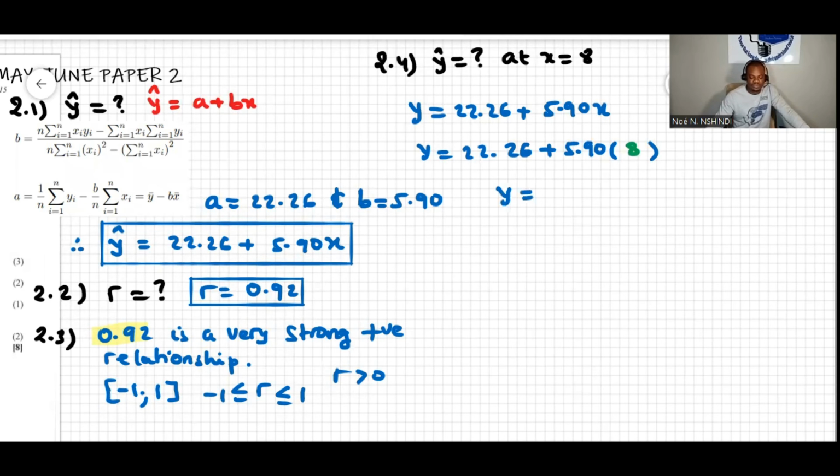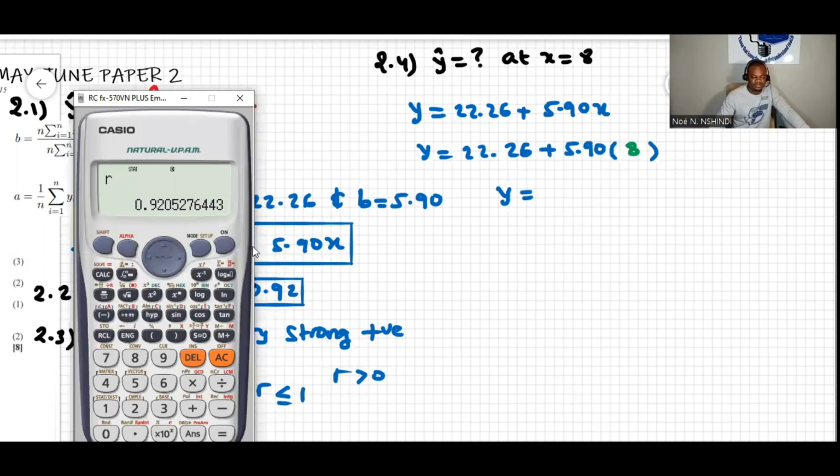Now this will make y equal to, I use my calculator. Because it was in statistics mode, I need to put it back in math mode by pressing shift and 1 there. Now I can just enter 22.26 plus 5.90 open bracket 8, and then if I press enter, I have this number.